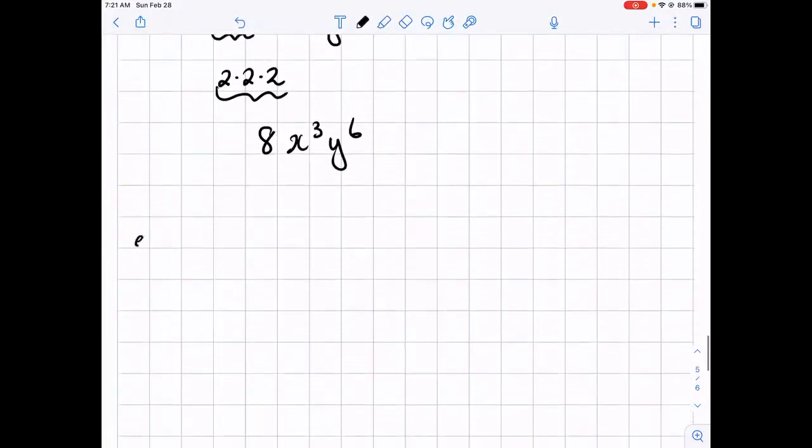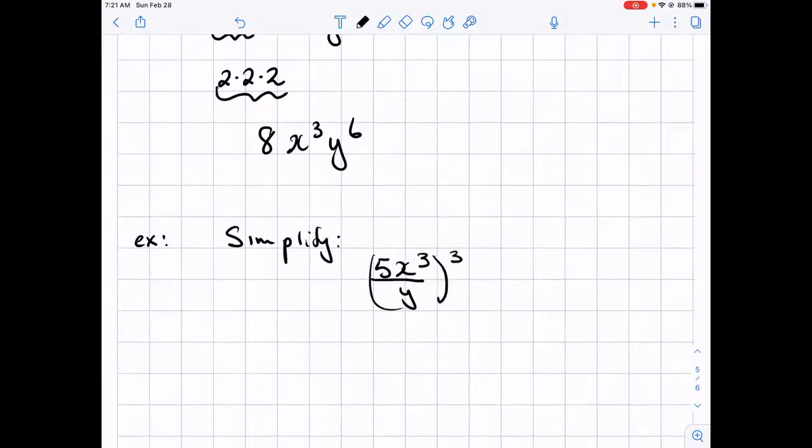If we look at another example, similar, simplify 5x to the third over y, everything raised to the third power.